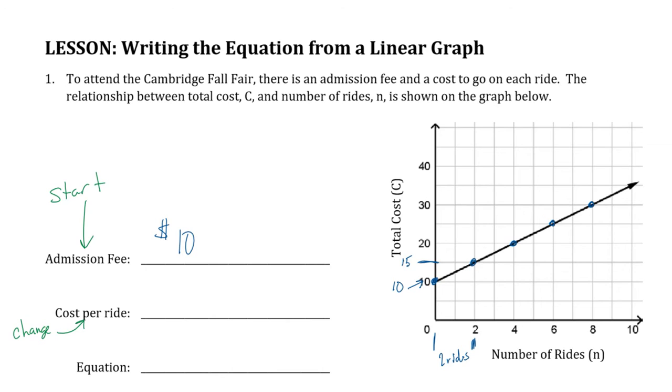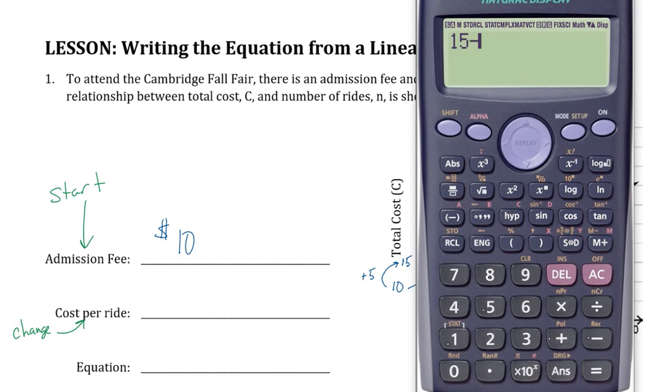So for 2 rides, I've gone an increase of $5, right? Or an increase of 5. We don't have to worry about the units right now. From 10 to 15 is a change of 5. If I want, I can do 15 minus 10 and get that answer, which is 5.